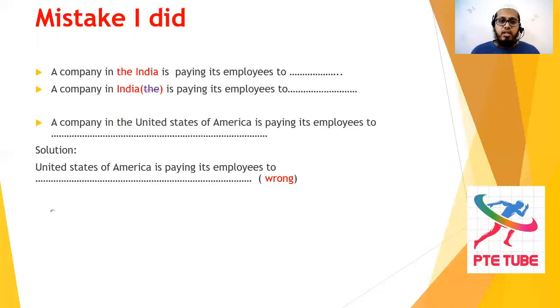Okay, the correct thing is the United States of America. Why? Because there is a rule in English which I learned later. Any country which has a single word name, like Australia, India, or any other country with a single name, no article will be used. We refer to them by their name.